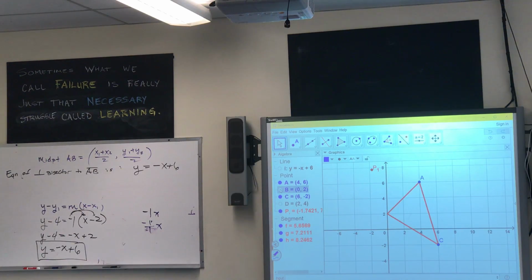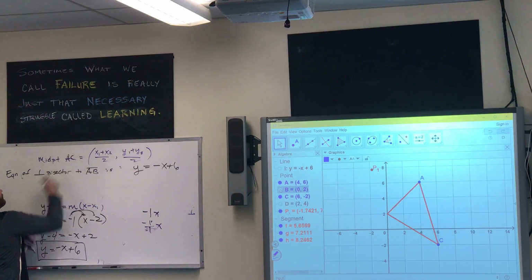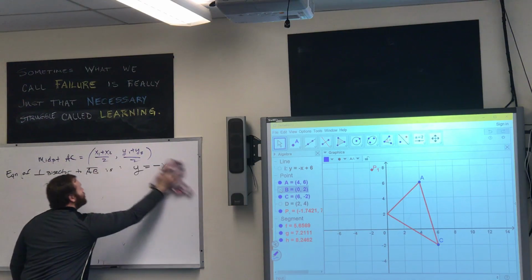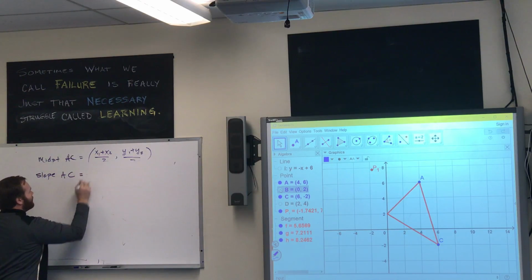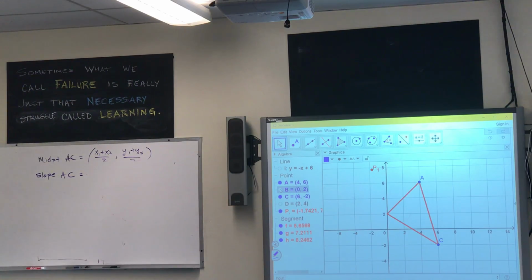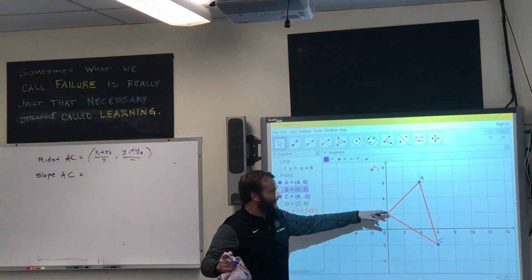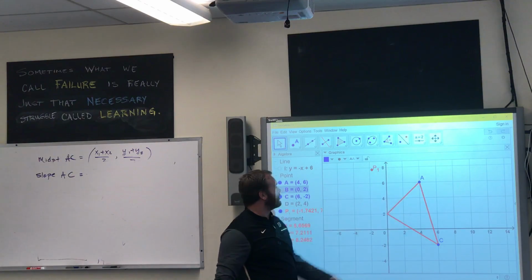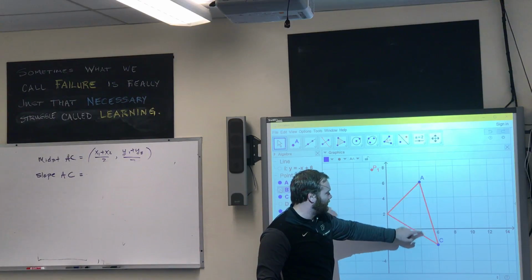So go through, find the midpoint of A to C. If you wanted to find the slope, could you just count? You could. Let me talk about that for a moment, because it's similar to what we did at the beginning of class when we first did the slope. Just by looking at it's fine: if I want to find the slope of AC, I'm going to go down 1, 2, 3, 4 over 1.